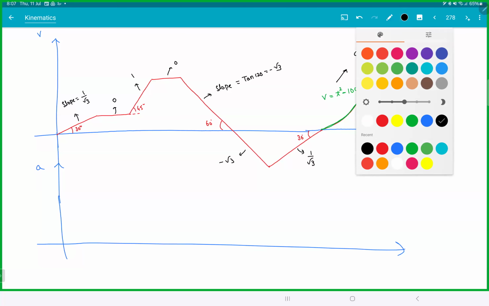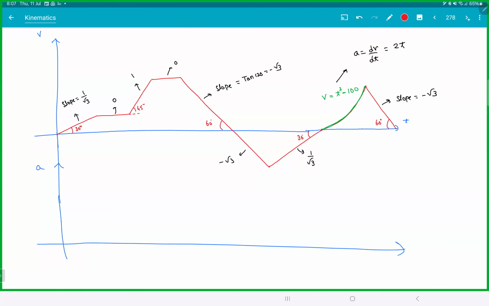So if you try to plot the graph, initially your graph starts at 1 by root 3 for some time, then it becomes 0, then it suddenly bumps up to 1 for some more time, and then suddenly comes to 0, then the value drops to minus root 3.